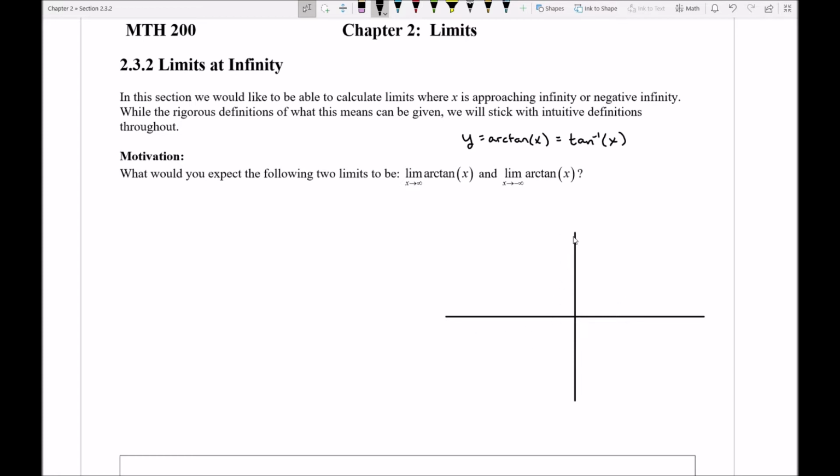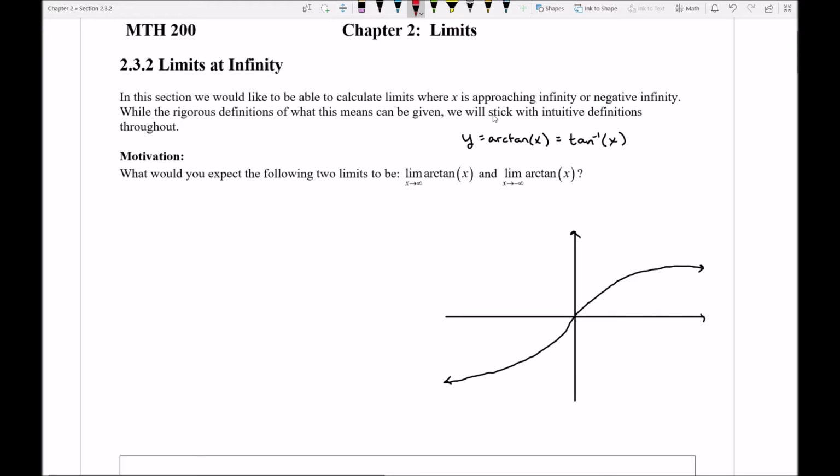I have down here a nice little set of axes, and we're going to go ahead and sketch out what the picture of the inverse tangent function looks like. You might recall that it has a shape that looks something like this. It's kind of like an S shape, but it levels off over to the right and similarly down to the left.